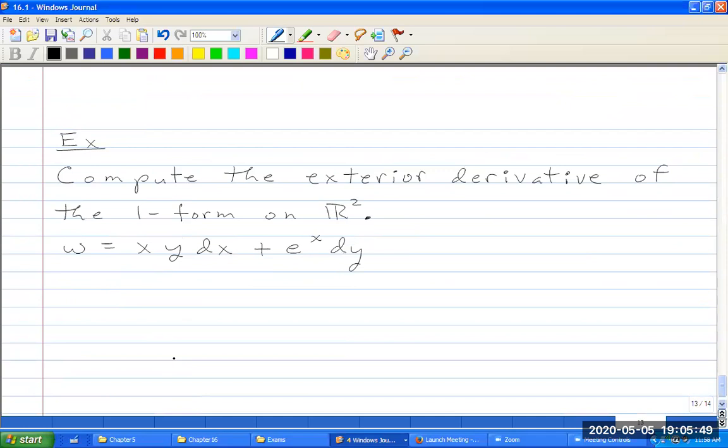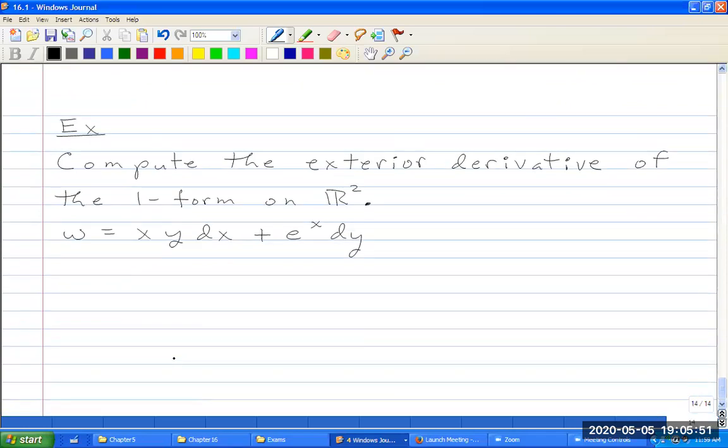Okay, so let's do another example. Compute the exterior derivative of the following one form. So I want to get a two form. My answer will be a two form. And so omega, the differential here. So let's find the exterior derivative.